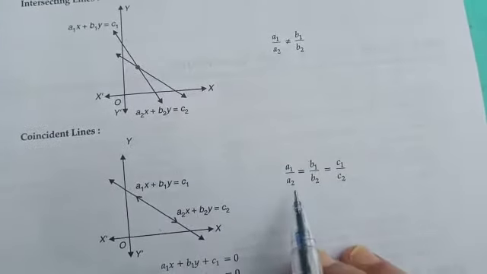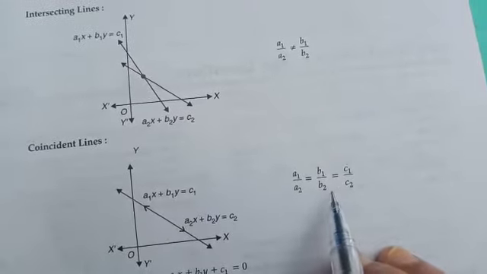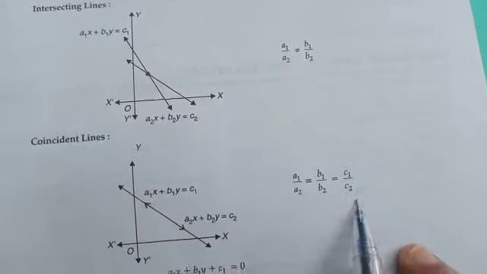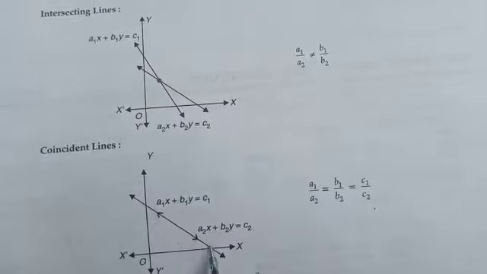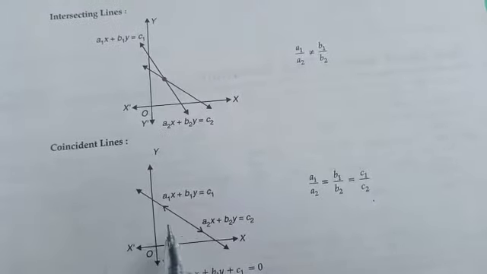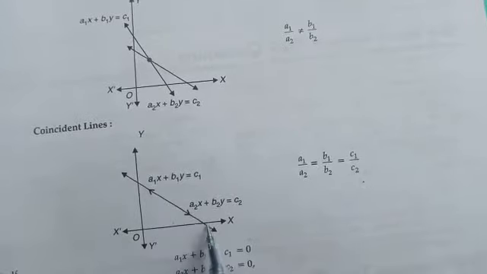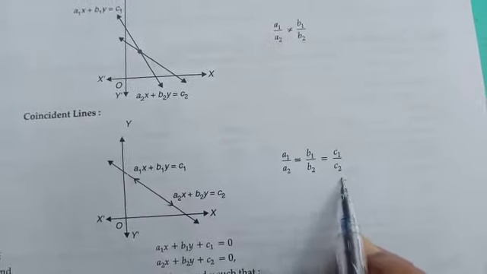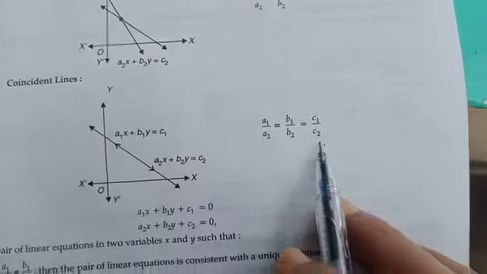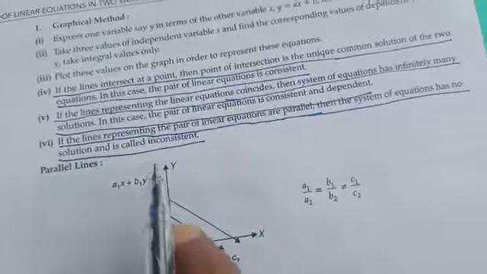The next one is coincident lines. In this case, a1 by a2 equal to b1 by b2 equal to c1 by c2. Then the two lines coincide with one another.